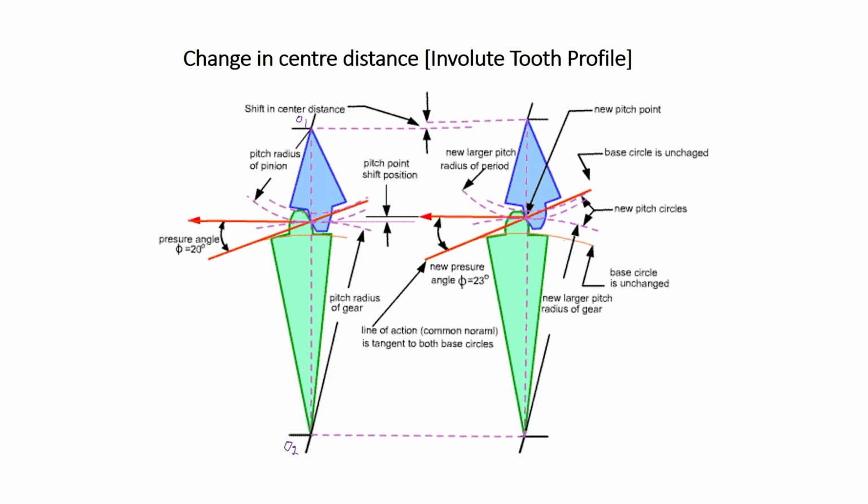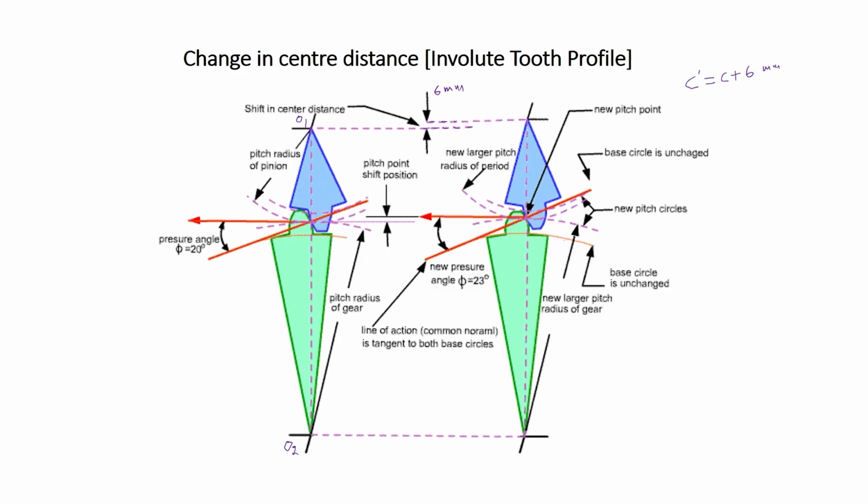Now, the center distance is slightly changed during mounting, and this change is 6 mm. So earlier the center distance was C, now the new center distance C dash is equal to the old center distance plus 6 mm.